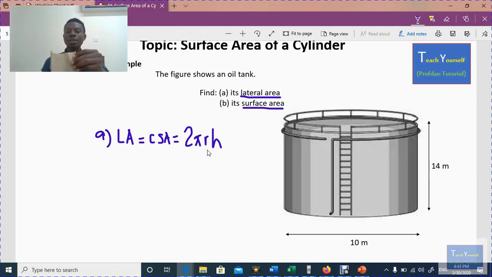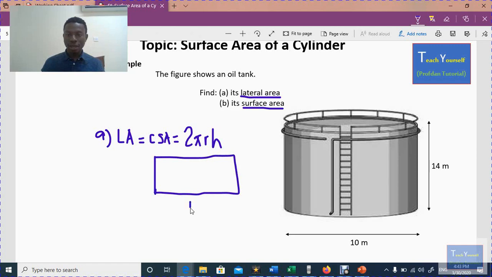From the figure, the diameter is given as 10, and the height is given as 14 meters. So from here, substitute the values. We have 2 pi times, and what we need in the formula is the radius.